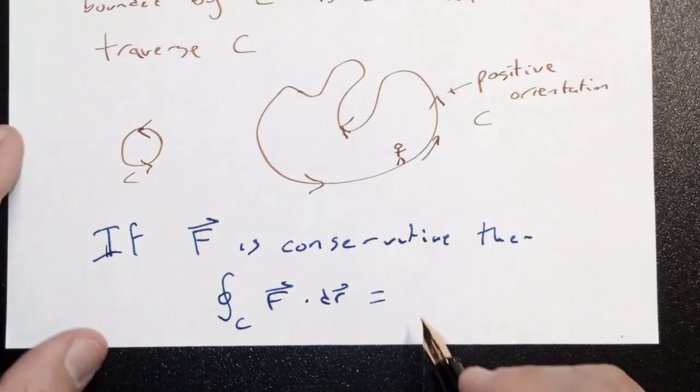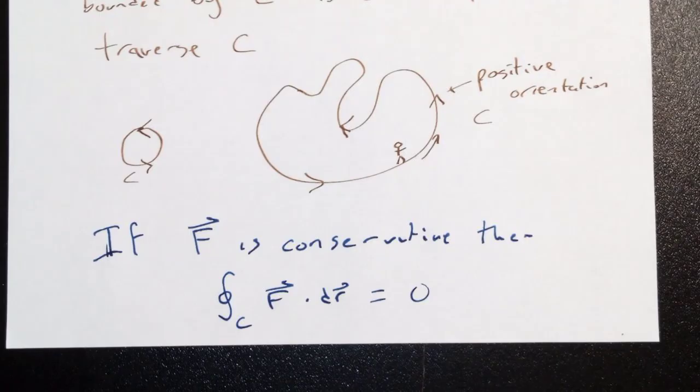I get 0. Because the starting and ending point are the same. And that means F of r of b and F of r of a are the same thing. Thing minus itself is 0. Yes. That's what our independence of path idea was. If we had a closed curve, a conservative vector field always gave me an integral of 0.